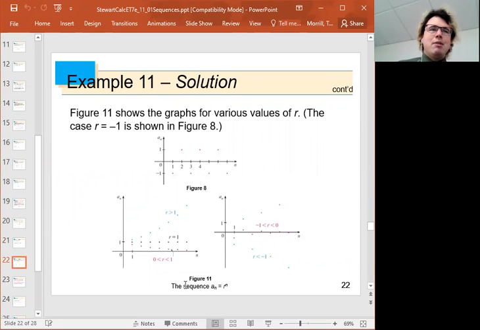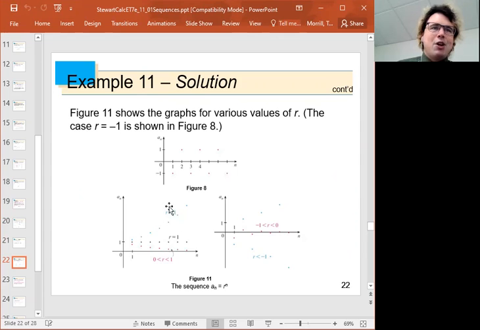So here are some pictures to illustrate what's going on. If r equals -1, we just flip-flop back between -1 and +1. That doesn't cluster anywhere, so that does not have a limit. For r between 0 and +1, we see this kind of behavior here in this lower left graph.